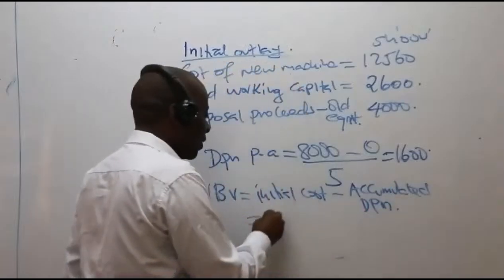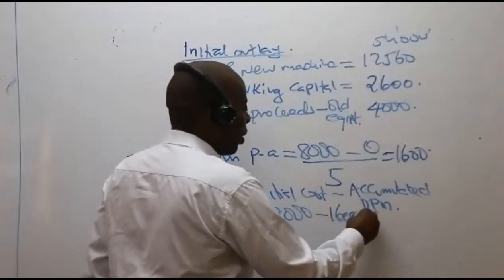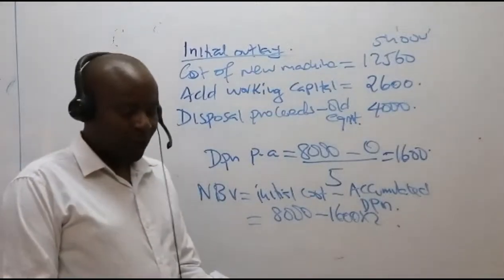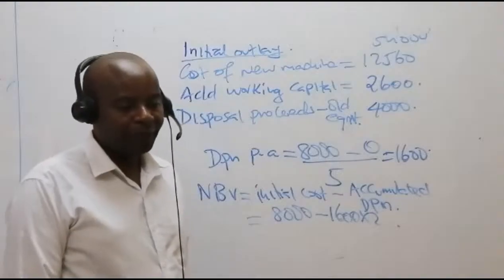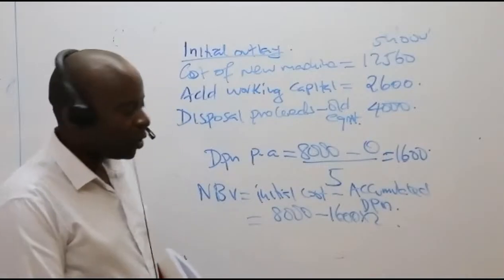So the initial purchase cost here is 8,000. Accumulated will be 1,600. For how many years have we been with this machine? Times 2. So then that will give us what figure at the end of the day?